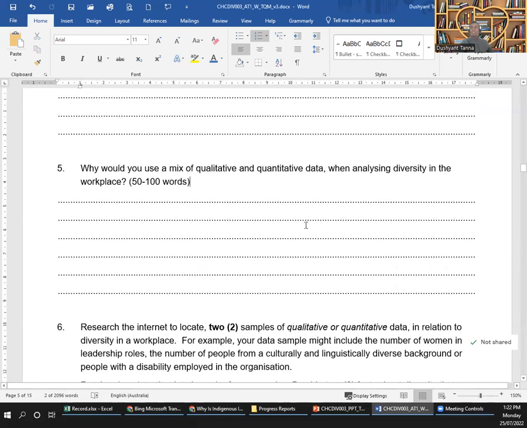Okay, so what we are saying, analyzing a balance of quantitative and qualitative data can help the company not just to evaluate the numbers or statistical numbers, but also ensure that they promote diversity by putting more values to it, right? By being fair.